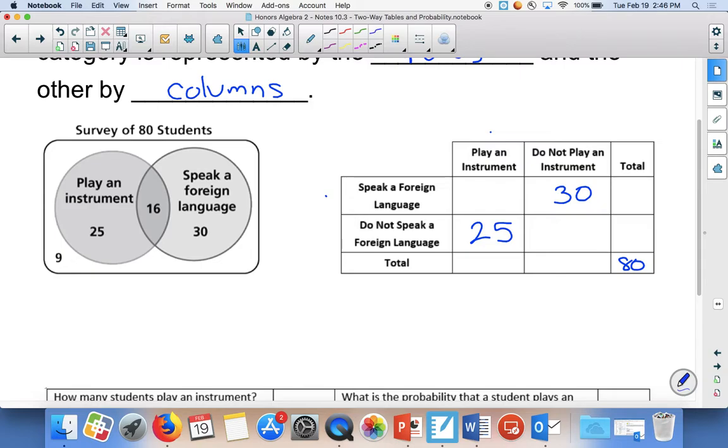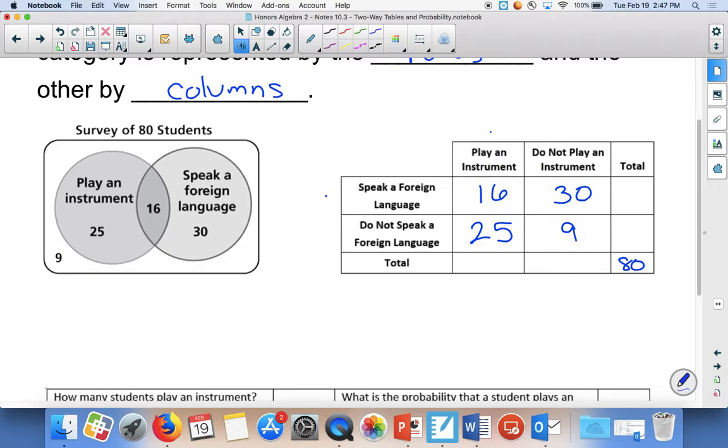Hopefully that makes sense. And then the overlap between the two circles are the students who speak a foreign language and play an instrument, so that 16 goes in that very first box. And then that last little number 9 is not in anything. So they do not speak a foreign language and they do not play an instrument. Okay, so there's how you fill out the first part of your two-way table.